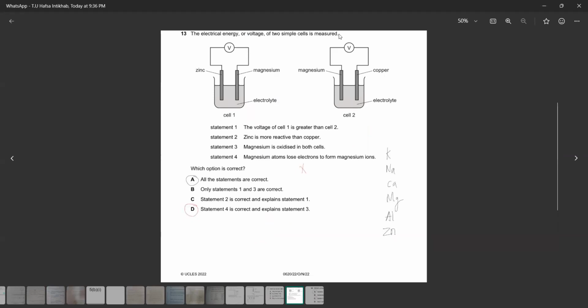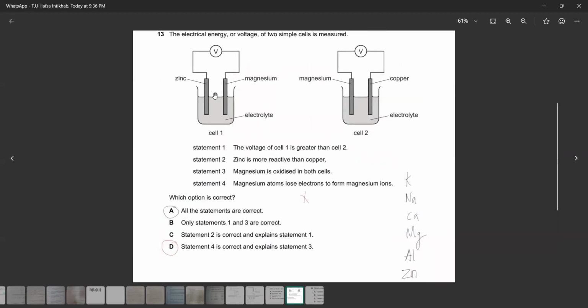Then the electrical energy or voltage of two simple cells is measured. The question is which options are correct? Zinc and magnesium are in one cell, and zinc and copper in the other. We have the reactivity series: potassium, sodium, calcium, magnesium, aluminium, zinc, iron, lead, copper, mercury, silver, gold, and platinum.